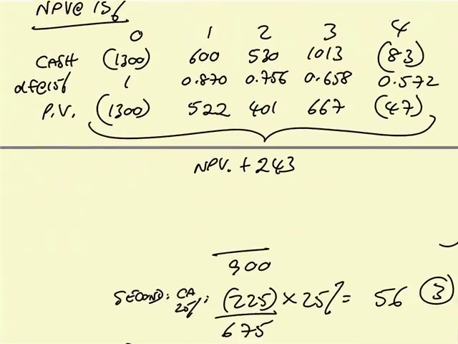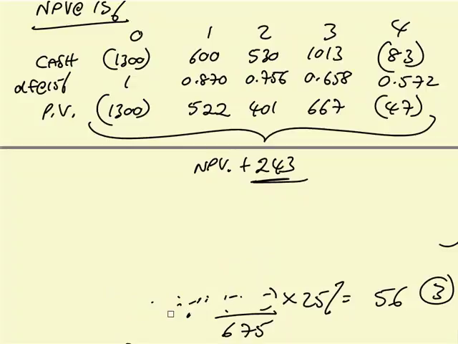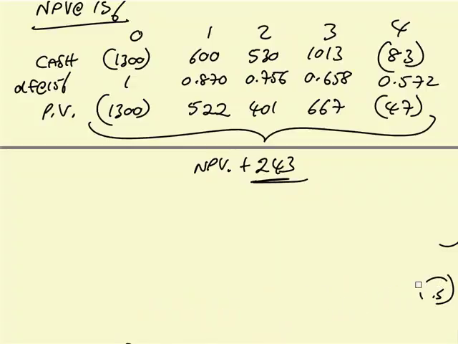Check me. That shouldn't take 10 seconds. Whatever problems there may have been in getting the cash flows, any discounting in the exam will always simply be using tables. Is everybody happy? Discounting there at 15%, I think the answer is plus 243. Is that right, everybody?